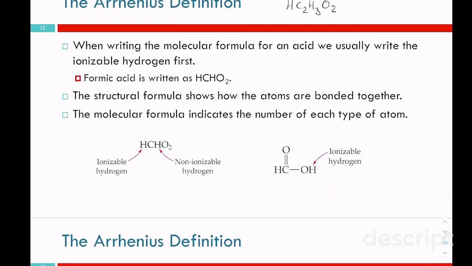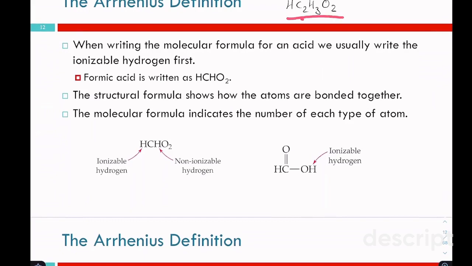The rest of the hydrogens don't leave when you add it to a solution. So for something like formic acid, we would write it with that H first, then a carbon, then a hydrogen, and then the oxygens. And then as a skeletal structure here, see that ionizable hydrogen is attached to one of the oxygens.